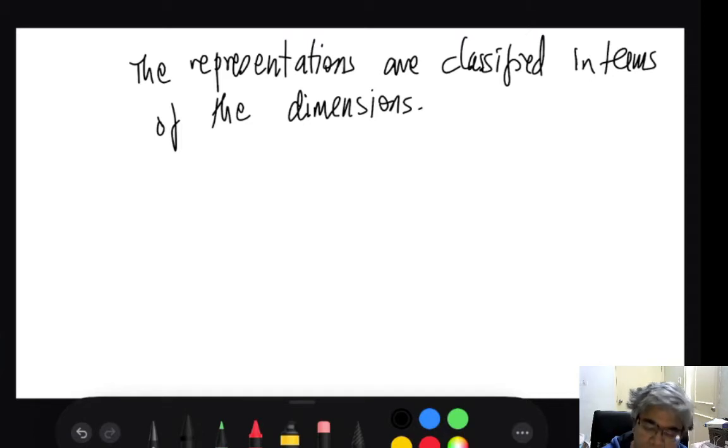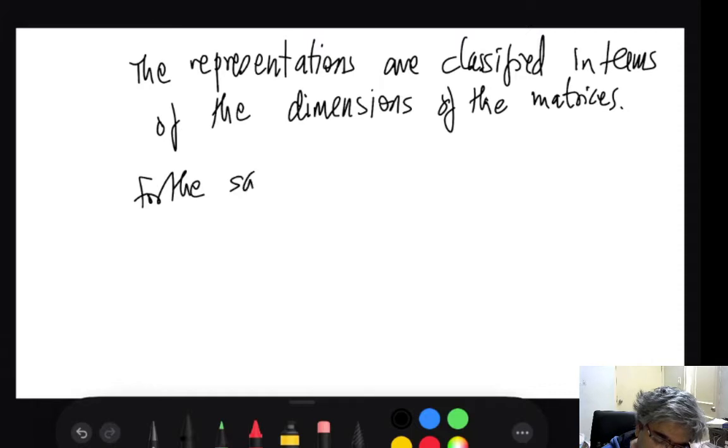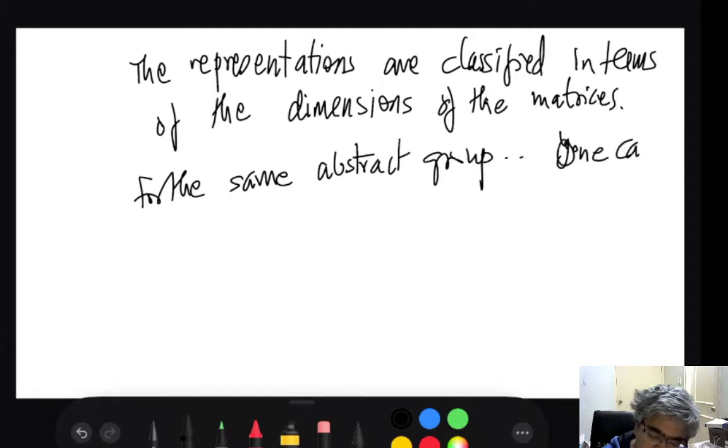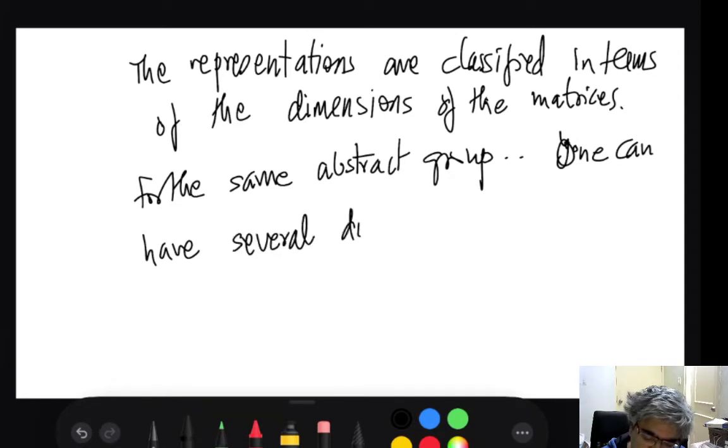So for the same abstract group, one can have several dimensional matrices. Now this is slightly confusing at the first point, but it will be clear when we see some examples.